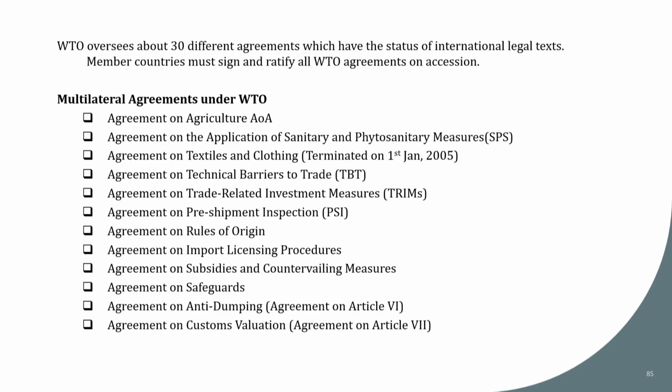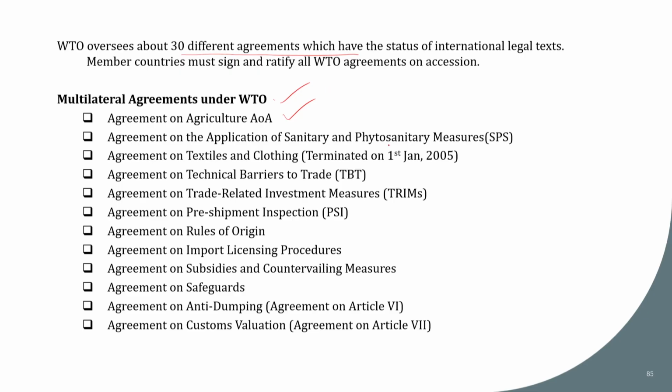Overall, the WTO oversees about 30 different trade agreements which have the status of international legal texts. Member countries must sign and ratify all WTO agreements on accession. I am listing here some of the multilateral agreements under the WTO, for example the Agreement on Agriculture, AOA.